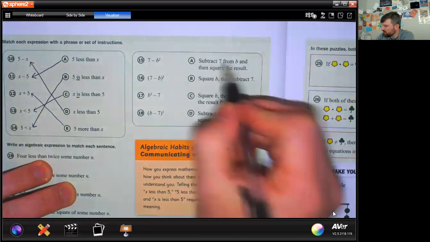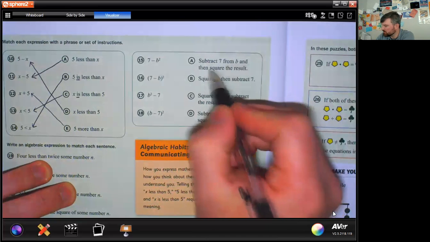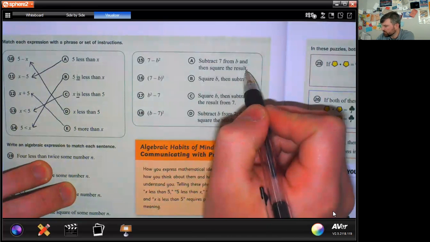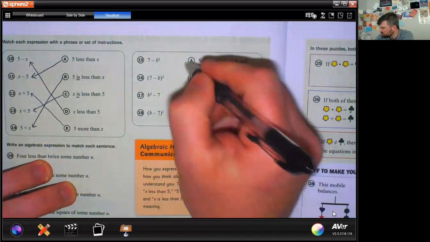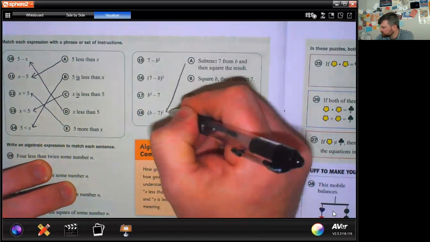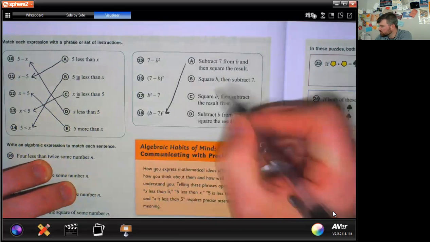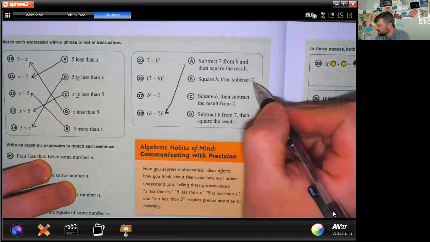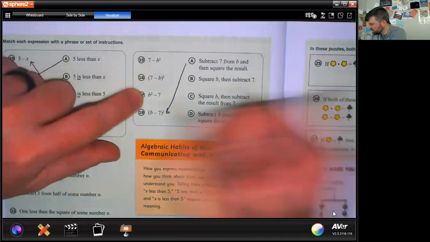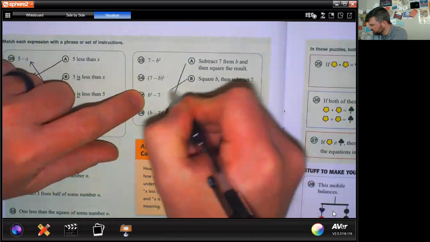Subtract 7 from B and then square the result. So subtract 7 from B and then square that result. So this is A. Square B, then subtract 7. Okay, looking through here, square B, then subtract 7.